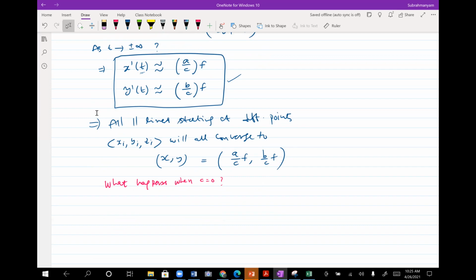It is the only special case where parallel lines would remain parallel in a perspective projection. That implies x comma y doesn't converge. These values are not going to converge, which implies parallel lines remain parallel.